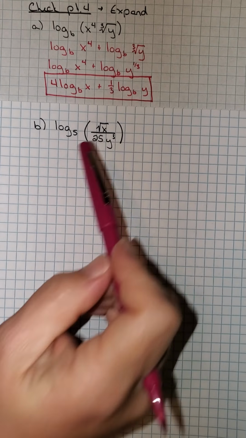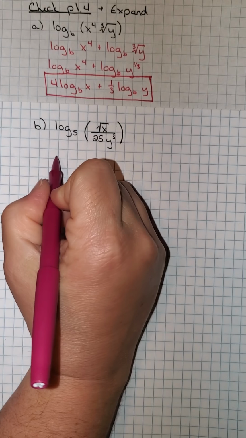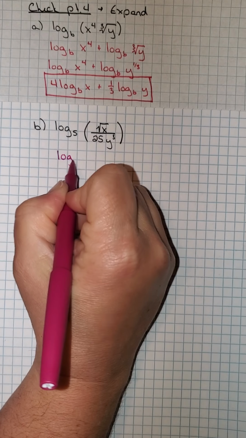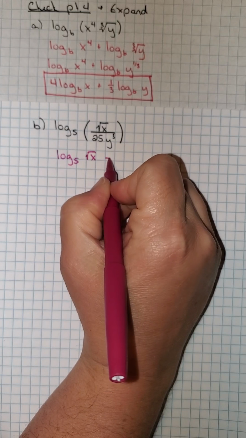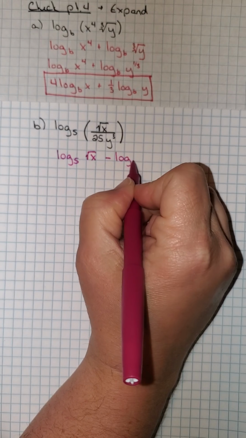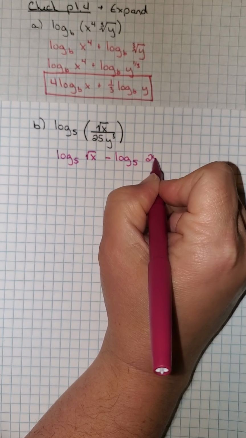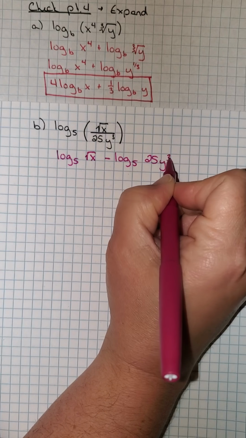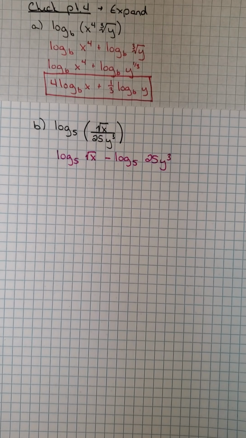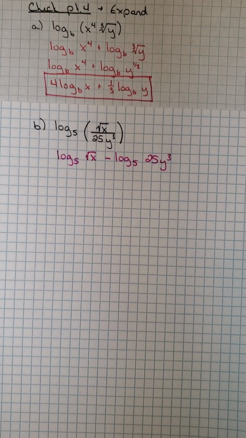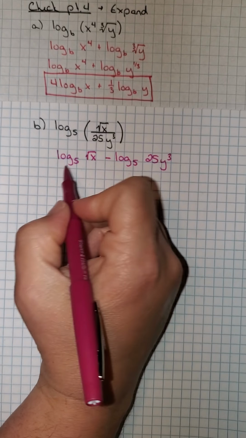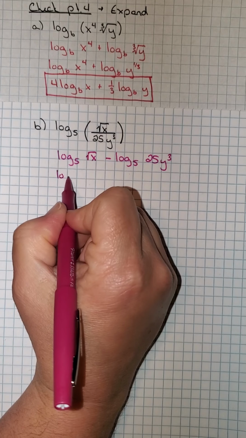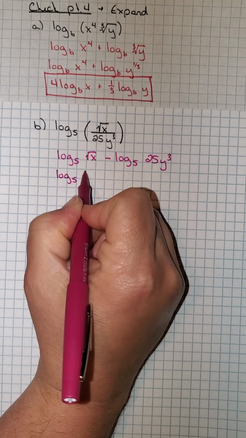I'm going to split the division first. And the division gets split with a minus. So you have log base 5 of the square root of x minus log base 5 of 25y to the 3rd. Now those two are being multiplied, the 25 and the y to the 3rd. So our multiplication is going to become addition, but you have to be careful because the whole thing is being subtracted.